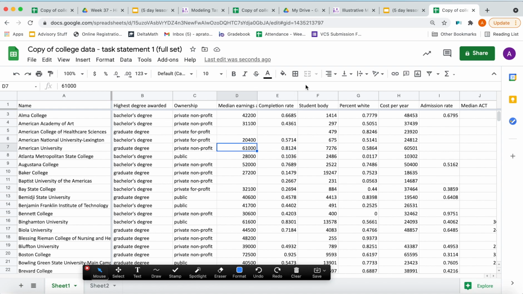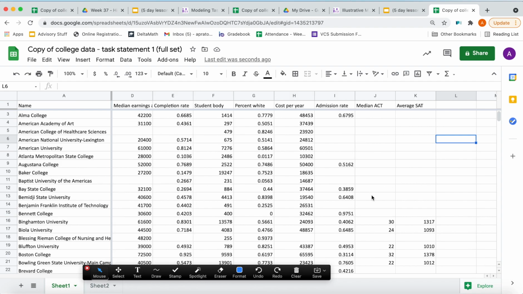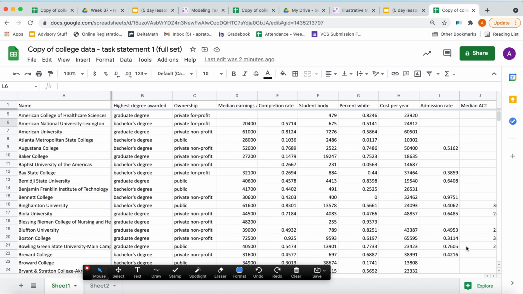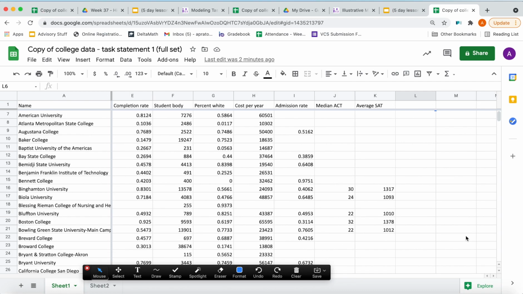That tells me maybe I can represent this in a scatter plot. Maybe I can represent this in a frequency table. Maybe I might calculate some descriptive statistics for each. I also might see a relationship between, and now we don't have the average SAT score for all of them, but I might see a relationship between the average SAT score and the median earnings.